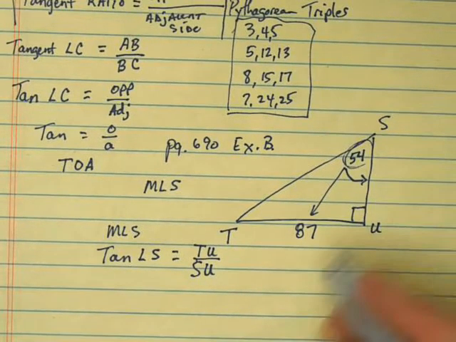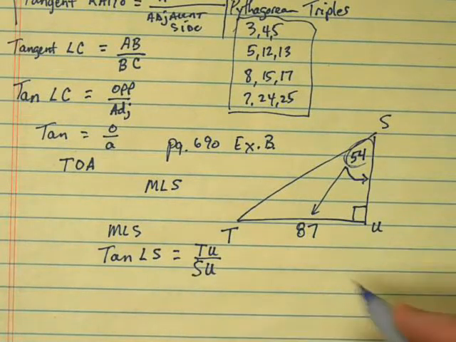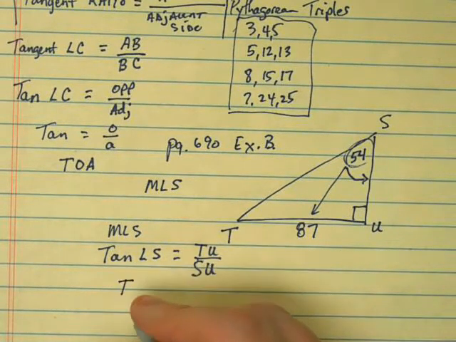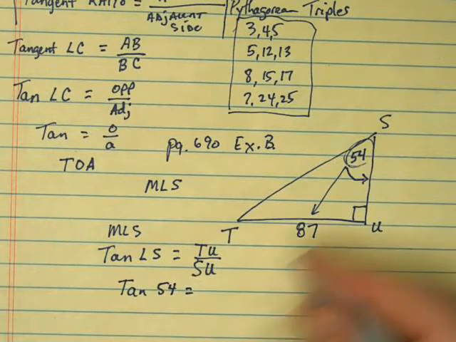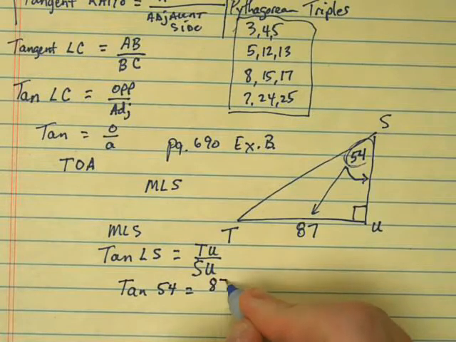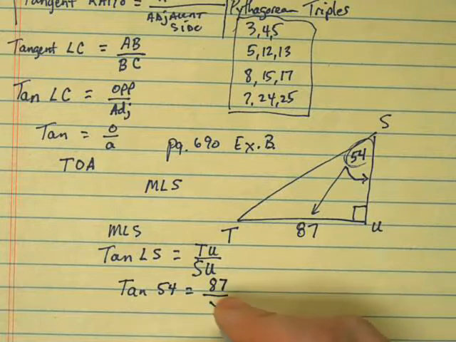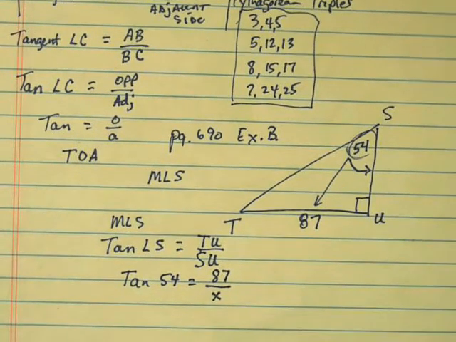Let's put in the numbers. What's angle S? 54. So we go tangent of 54. What's the length of TU? 87. And what's SU? x.